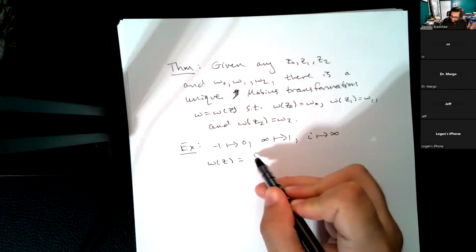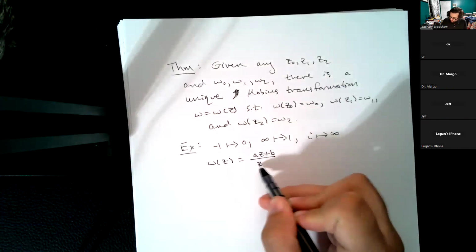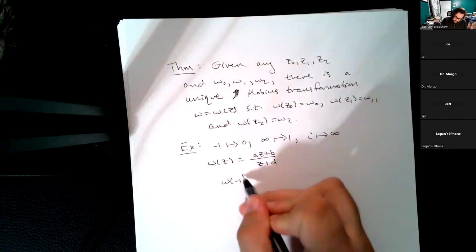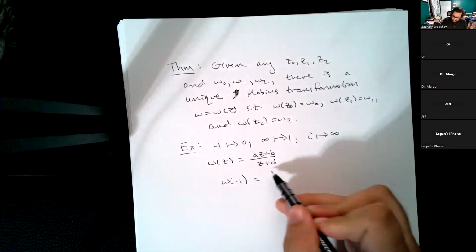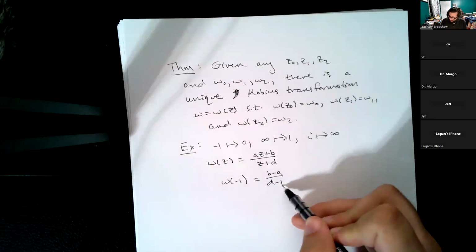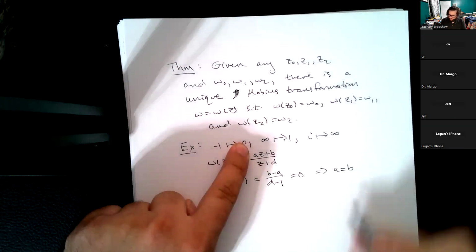We'll drop that c, because it's irrelevant. So we'll take w of -1 to be b minus a over d minus 1. And we want this to be 0. We solve and we get a equals b.